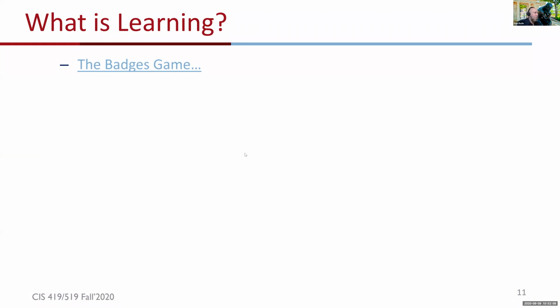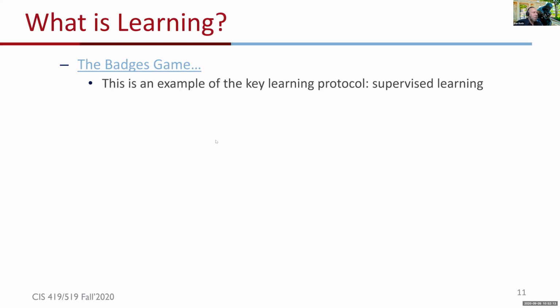Okay, let's see what's going on here. Okay. So of course, this is a supervised learning problem because we gave you data and we gave you a label, positive example or negative example. And this is the key protocol that we're going to study this semester.